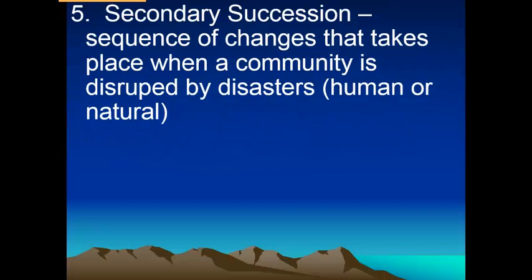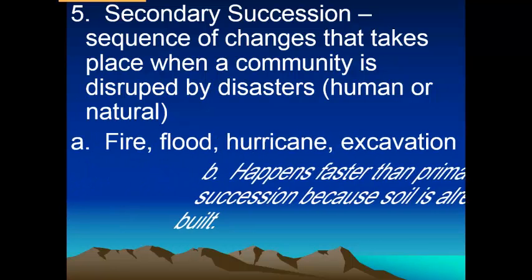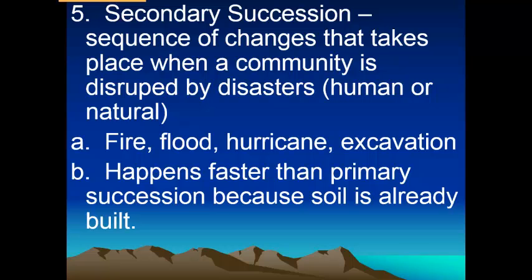Secondary succession is the same sequence of events, only instead of starting with bare rock, you're usually starting from some type of natural disaster, maybe an earthquake or a flood, or a human disturbance of some type. The biggest difference is the soil. The soil is already present in secondary succession, so the pioneer species of lichens coming in to break rock down, we don't really need that.